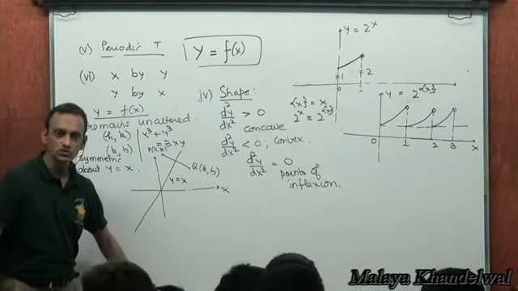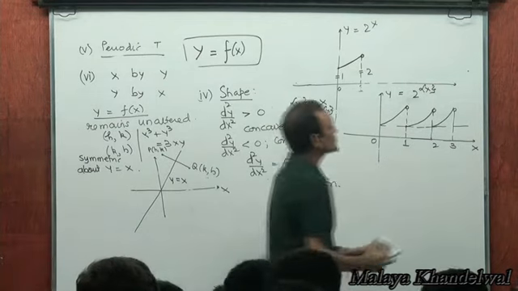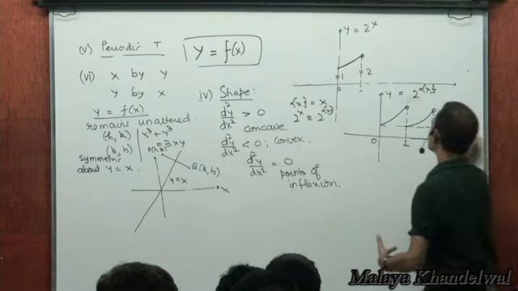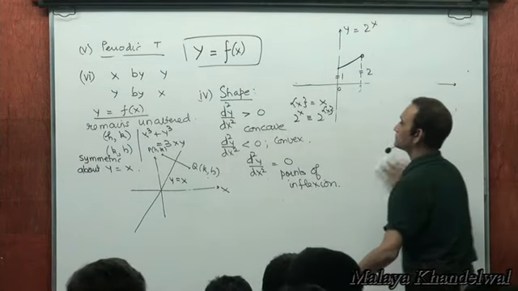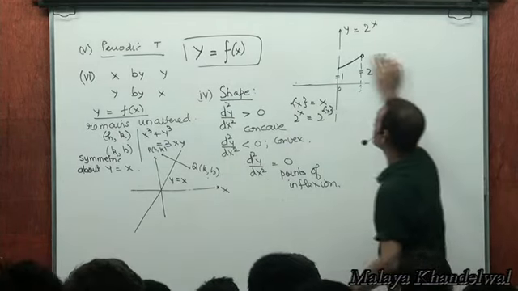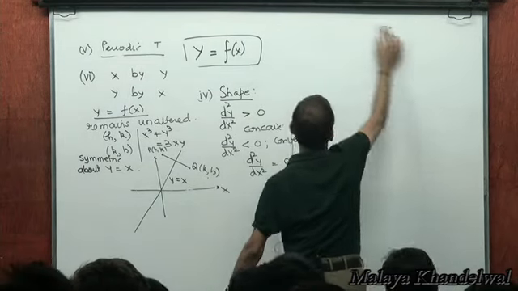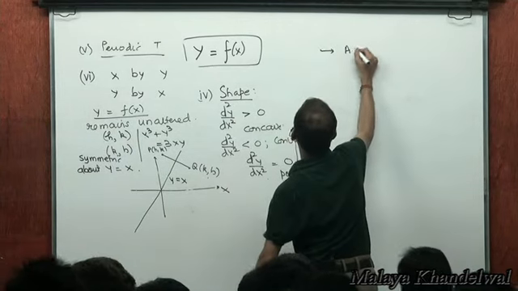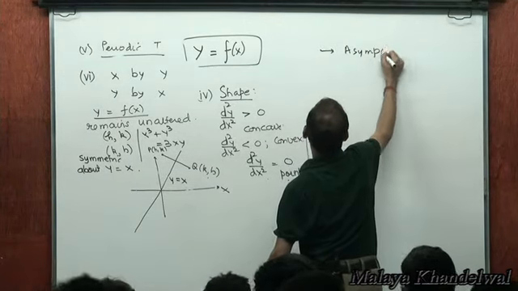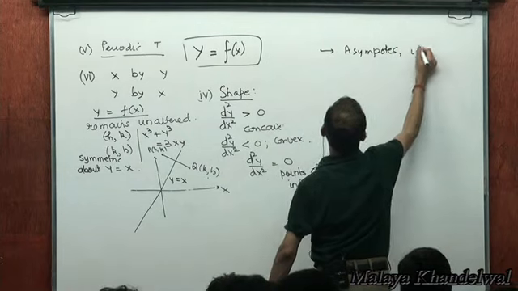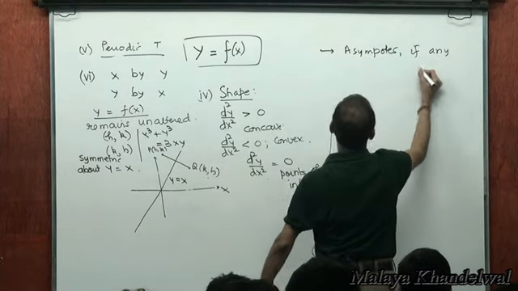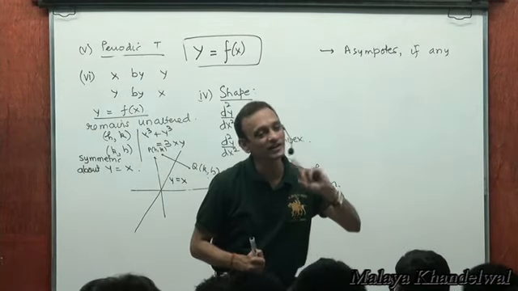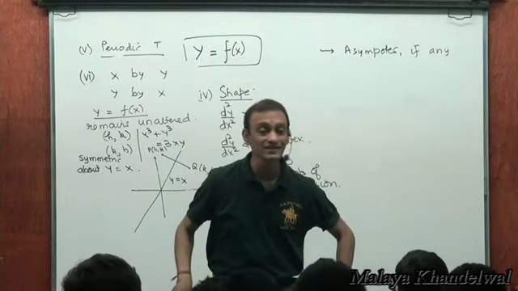So far so good? Very good. Can I wipe this off? And then of course, check for asymptotes if any. If there are asymptotes, you first draw the asymptotes and then draw the curve, like we did in hyperbola, remember?